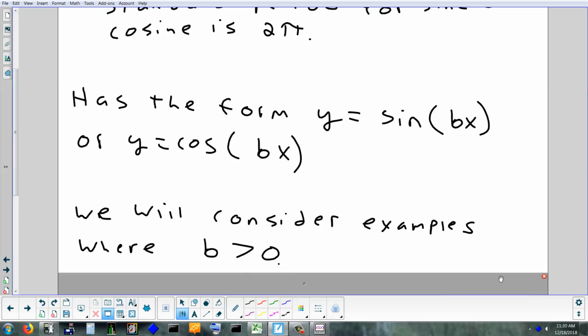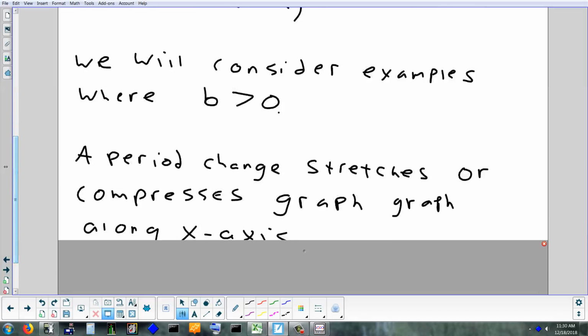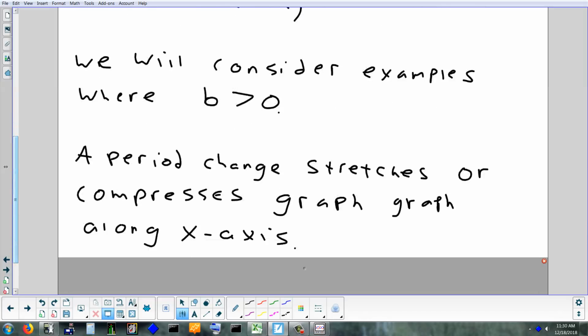There's no reason why it couldn't be negative, but we'll keep it positive. So period change is going to stretch or compress the graph on the x-axis. That means the x values are going to change. Those are the values we don't like to work with because they have pi in them.